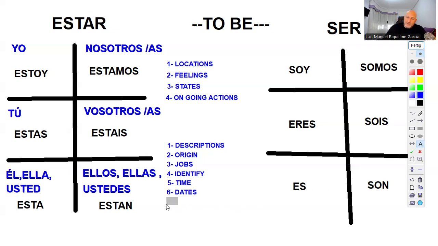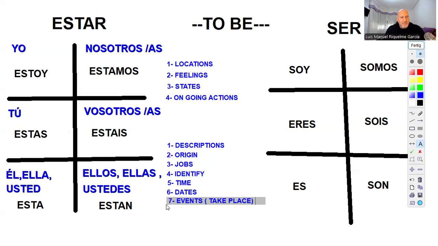And finally, the seventh use is events. When you are talking about an event that takes place in a certain venue and you want to express that, you always use the verb ser. The classes are at the School of Languages. Las clases son en la escuela de idiomas.